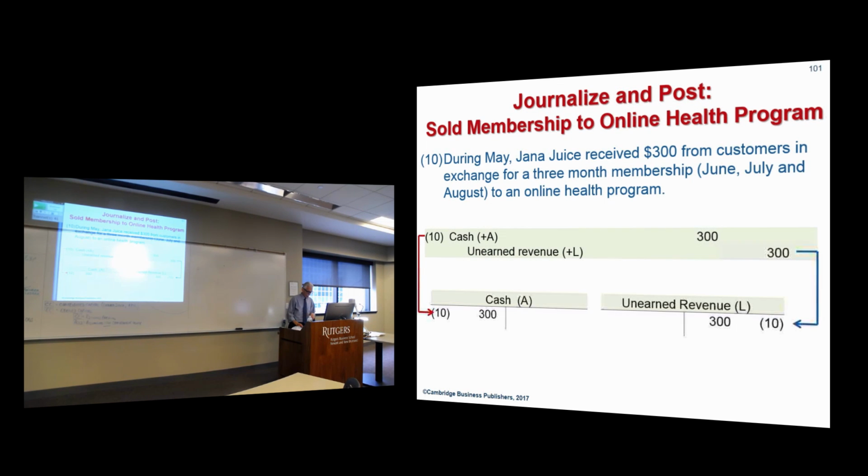Collecting accounts, the unearned revenue. So here's the example of cash coming in in advance. It's a liability, so you debit the cash account because it's an asset, and you credit unearned revenue because it's a liability. And then when you post them, that's the way it is here.